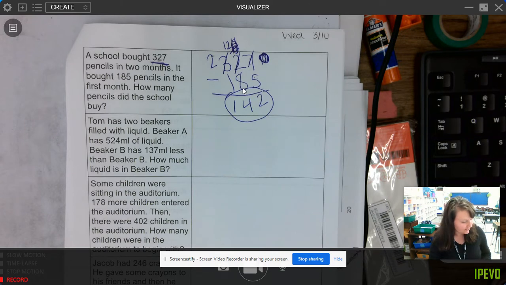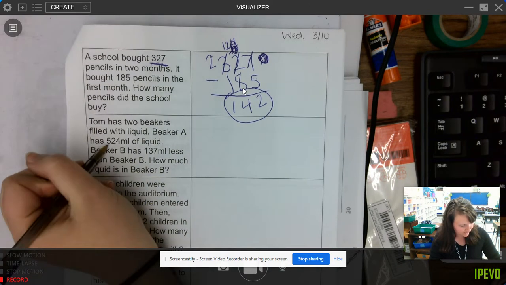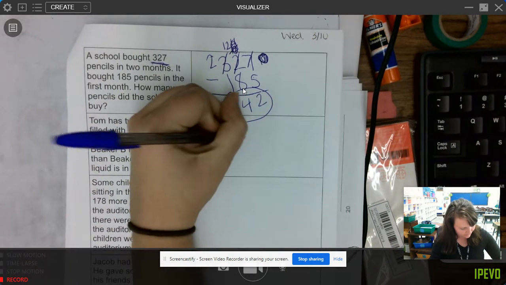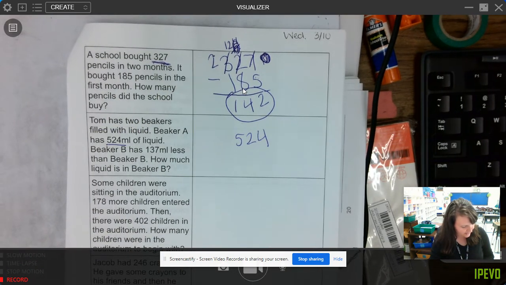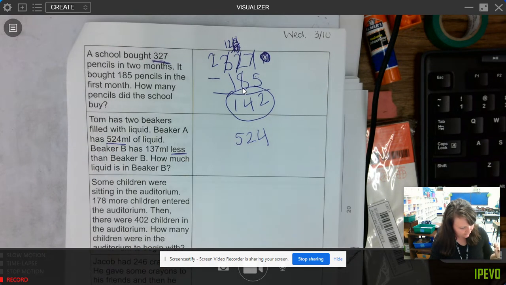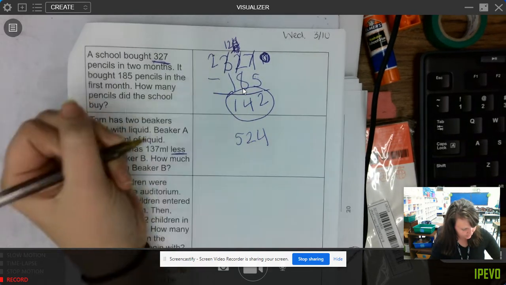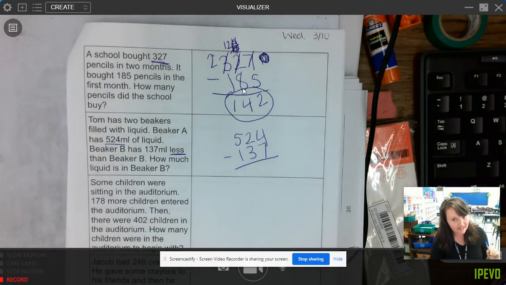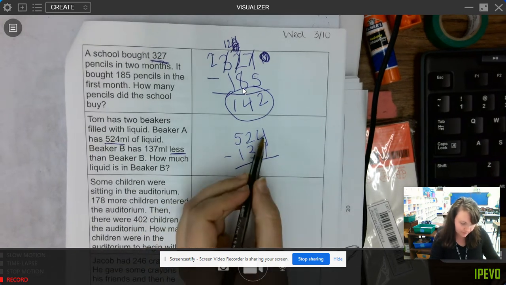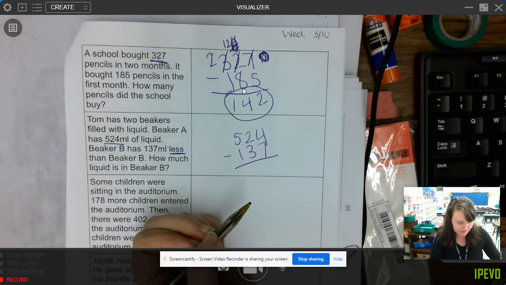All right. Next one says Tom has 2 beakers filled with liquid. Beaker A has 524 milliliters of liquid. Beaker B has 137 less than Beaker A. How much liquid is in Beaker B? So 524 minus 137. More on the floor, so go next door and borrow 10 more.